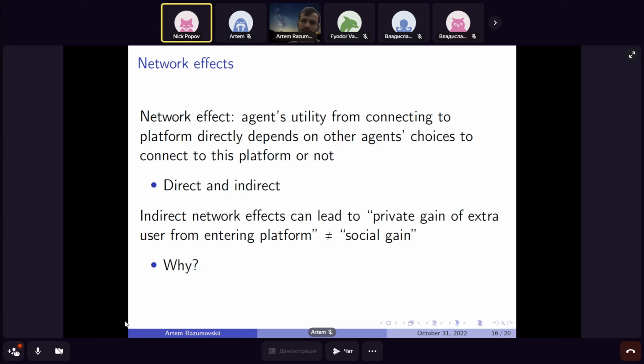If we are talking about sellers, if one more seller enters the market, it increases competition, so other sellers can lose some profit. Yes, that's the main negative effect.